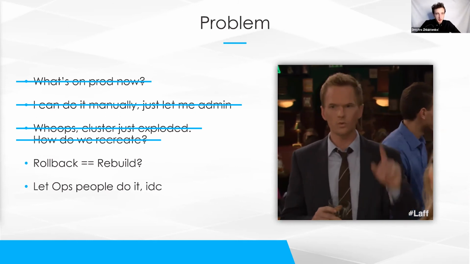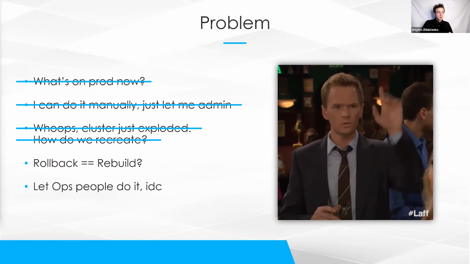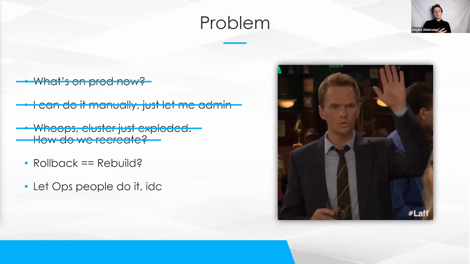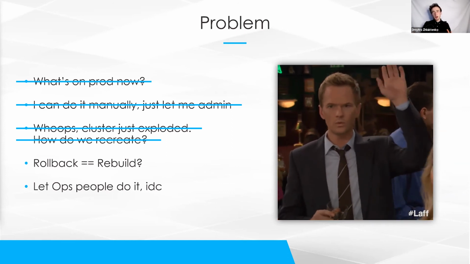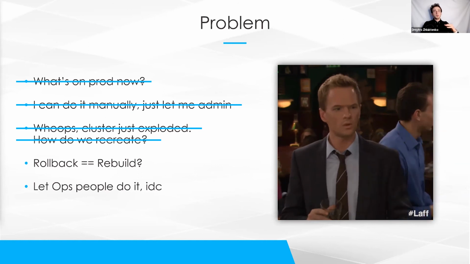If you think about that, it enables you to easily go back to the previous state without impacting your customers for a long period of time. So no need to wait for a long rebuild. Just change the version of the image in the Git repo, and that's it.